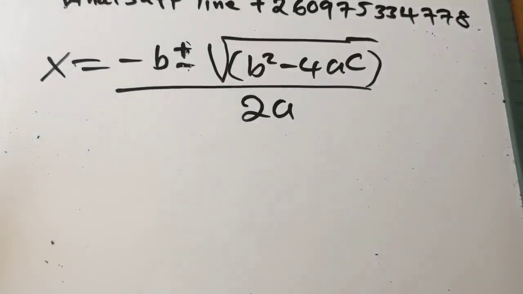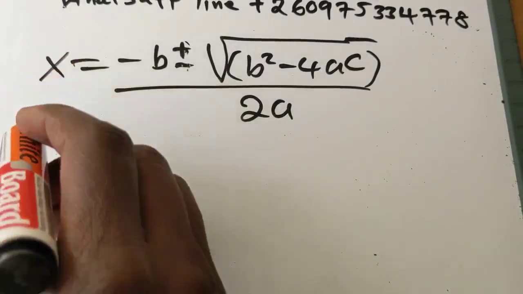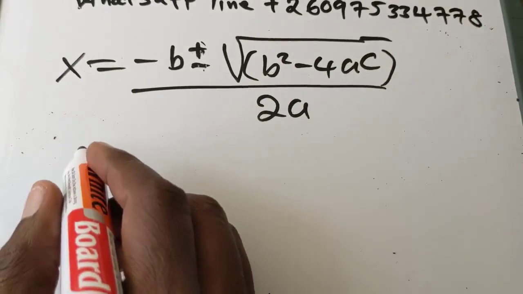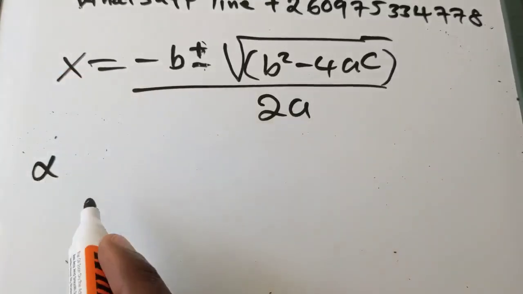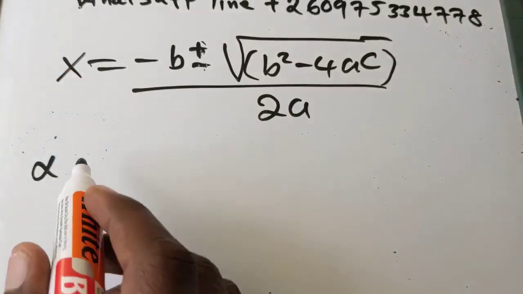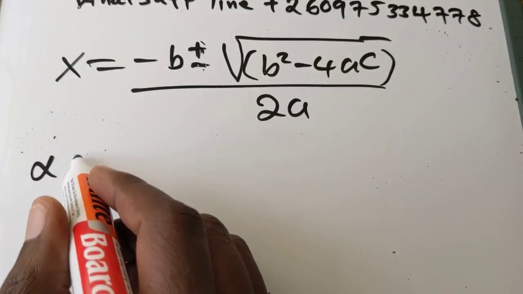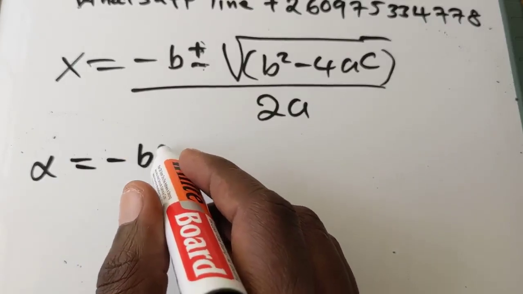So here we'll say alpha like this. We'll replace x by alpha. So alpha is equal to negative b.